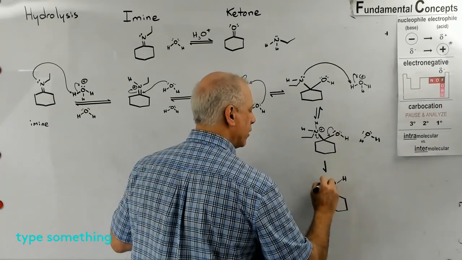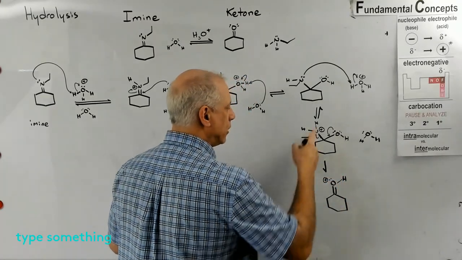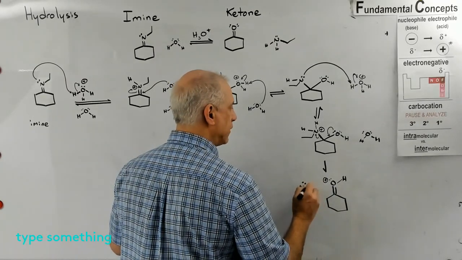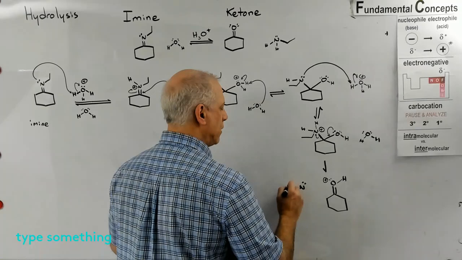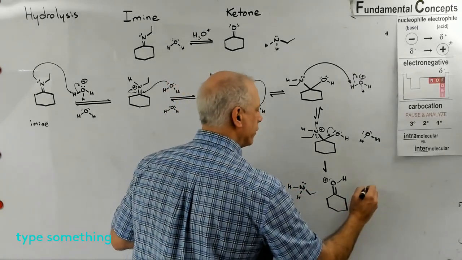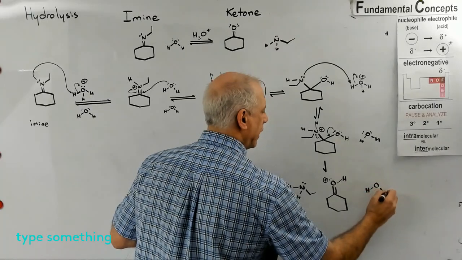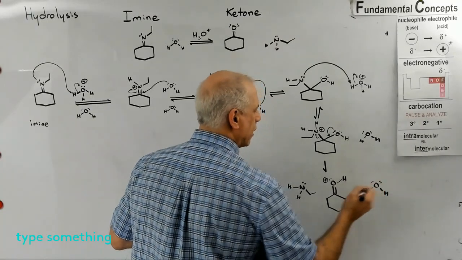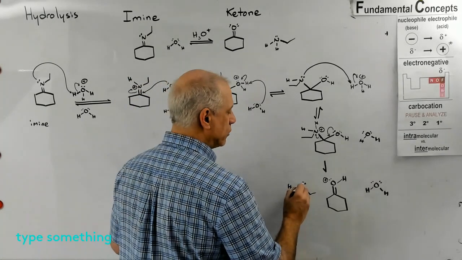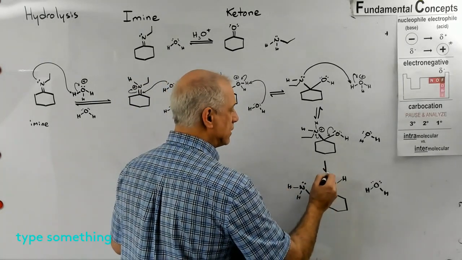We have the double bond to the oxygen. Coming out is the nitrogen with a lone pair of electrons, two hydrogens, and ethyl group, and water, HOH. But once again, this is also equilibrium because this nitrogen could come right back, push those electrons up.